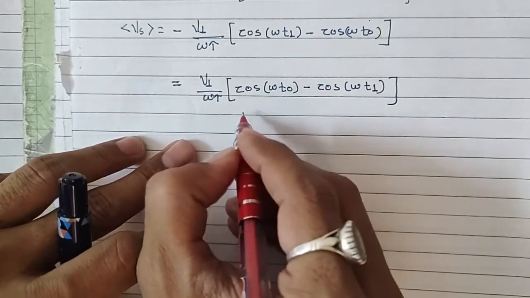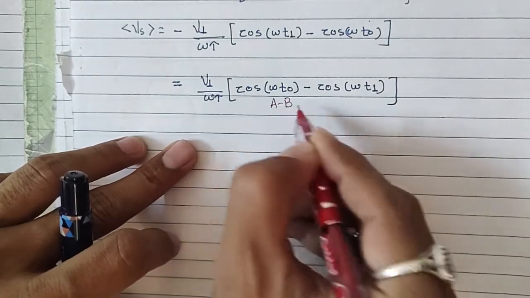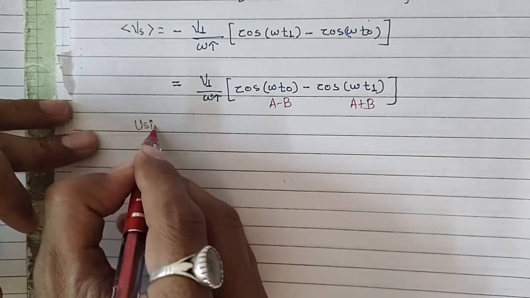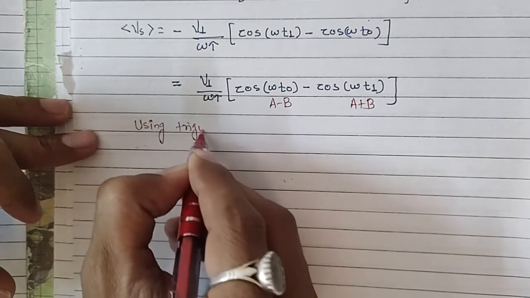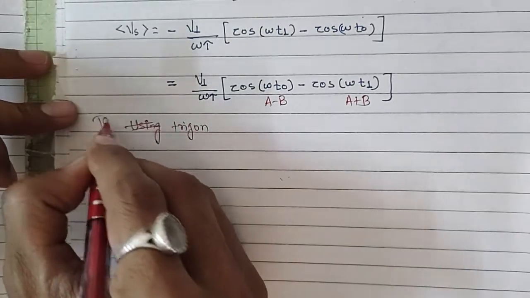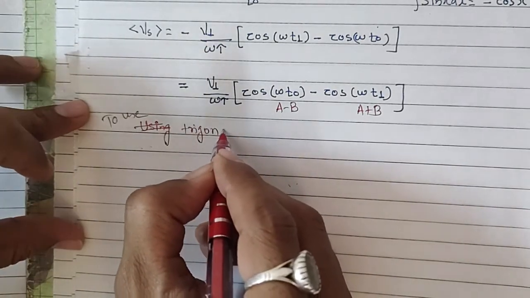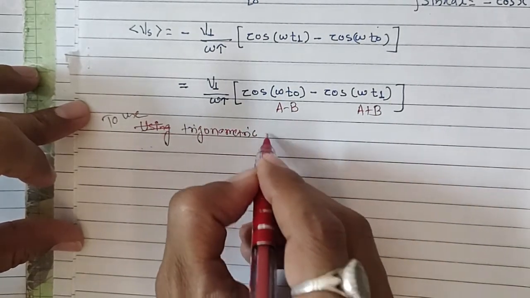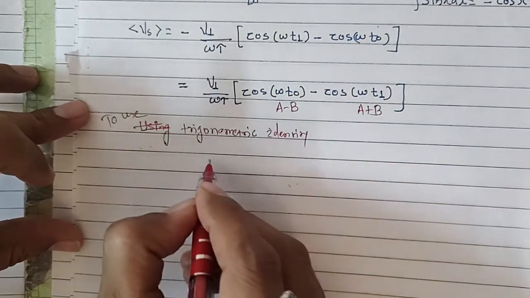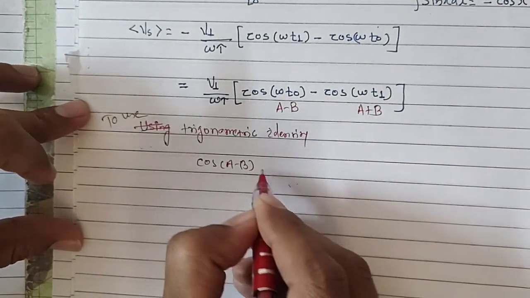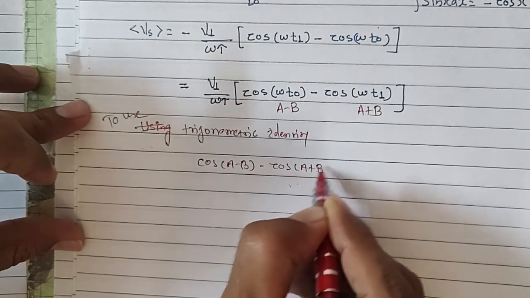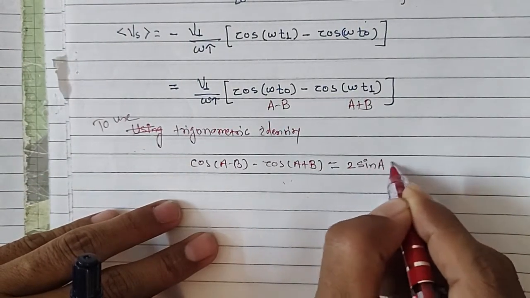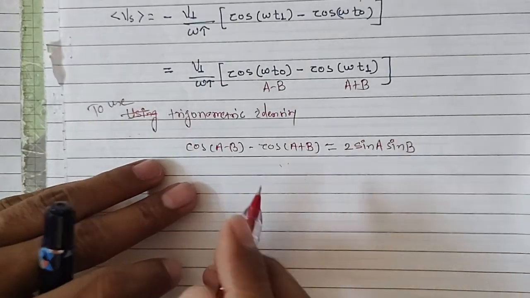Let us try to have this as cos of a minus b and cos of a plus b, so we want to use a trigonometric identity: cos(a minus b) minus cos(a plus b) is equal to 2 sin a sin b.